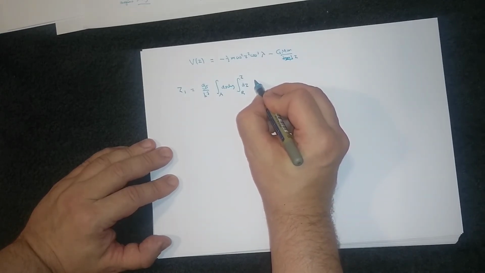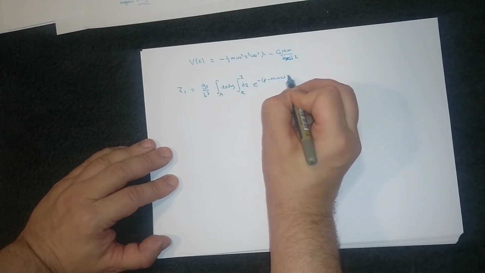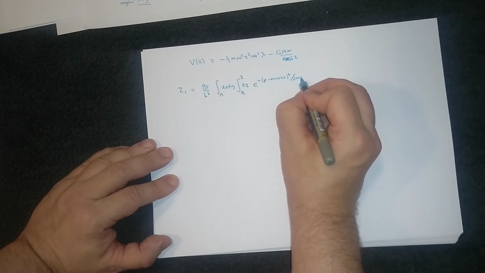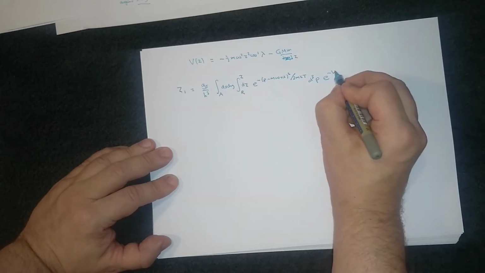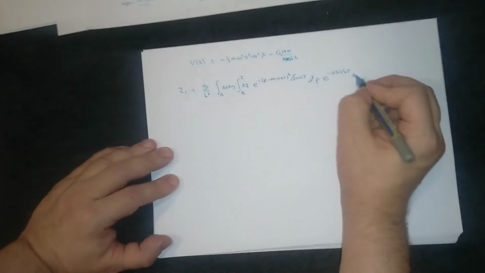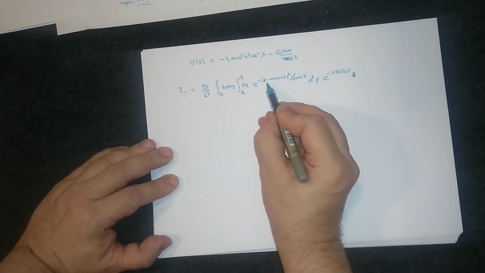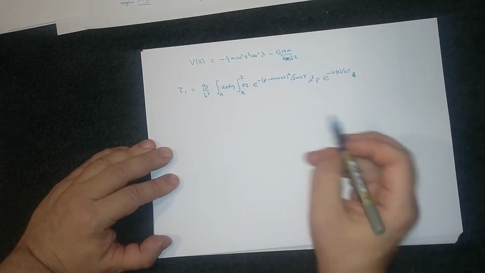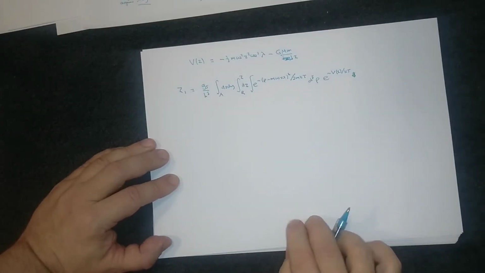We'll have e to the minus (p minus m omega cross x) squared over 2mkT, d3p, and let's not forget this term here. I've already got the dz. Well, I can shift p by this constant, because it is constant in this integral here.